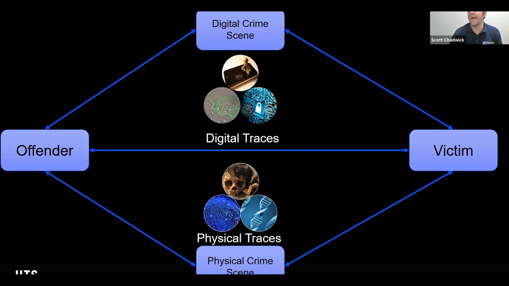But now with the rise of online banking and online shopping, the person who steals a person's money doesn't need to even be in the same country as the victim. So it becomes a lot more difficult for us to try and make these connections with physical traces. So we need to look at these digital traces.